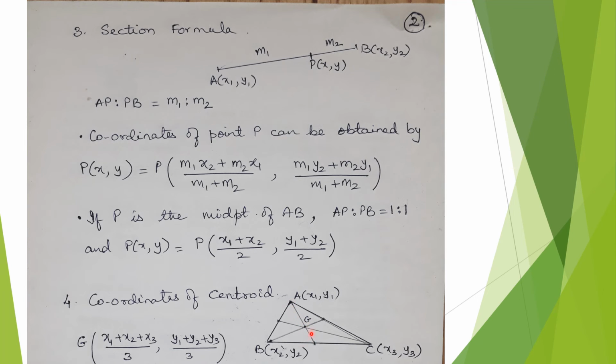So you do that for all three sides, that is this vertex with the midpoint on the opposite side, this vertex with the midpoint on the opposite side. This meeting point is called the centroid. The centroid is given by (x1 plus x2 plus x3) divided by 3 and (y1 plus y2 plus y3) divided by 3.